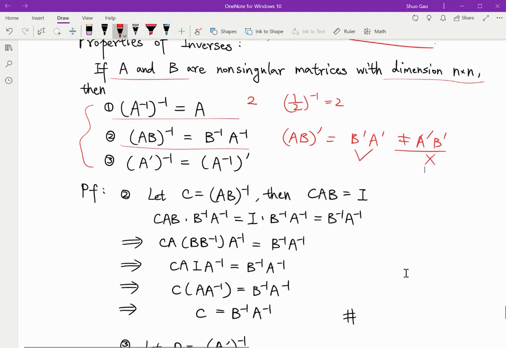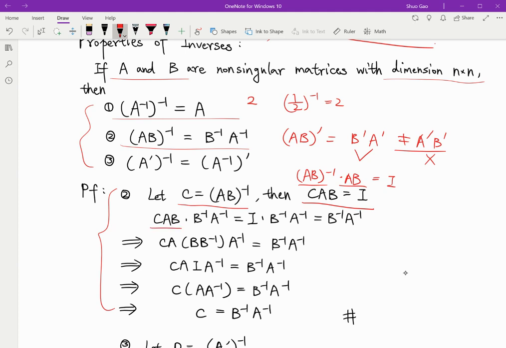So we can prove the second one here. Suppose C equals the left-hand side, (AB) inverse. Then we know that C times AB should equal the identity matrix, because C is (AB) inverse, and then you multiply by AB. So this should be just the identity matrix.